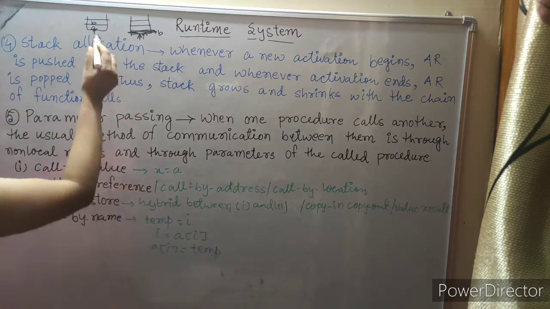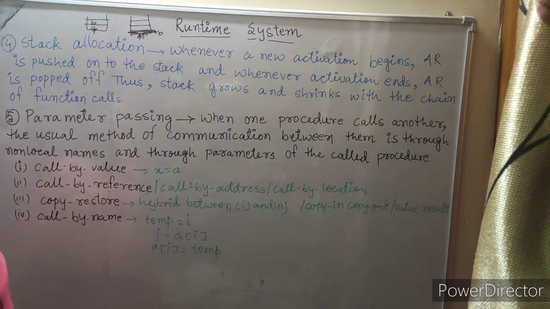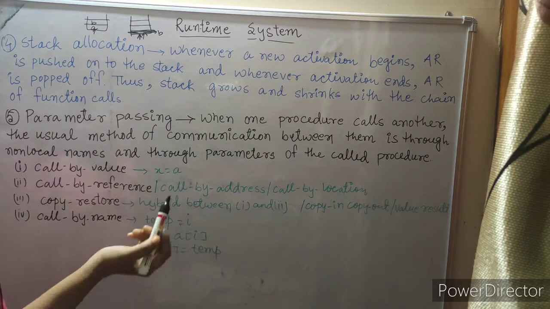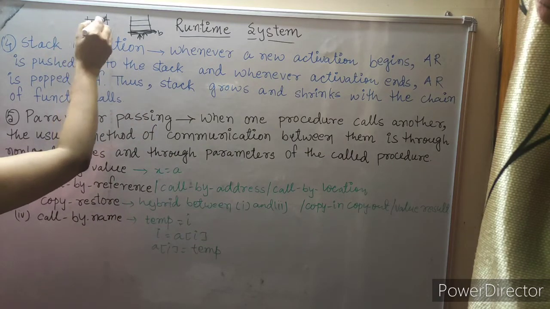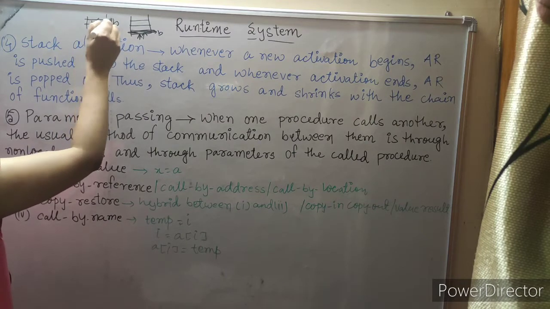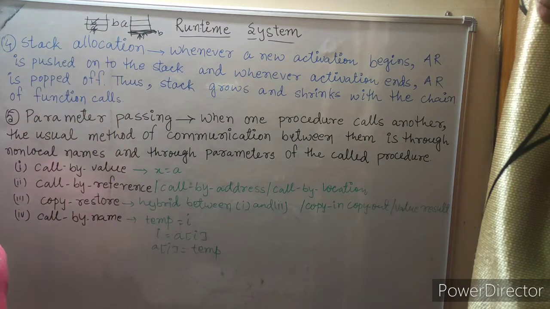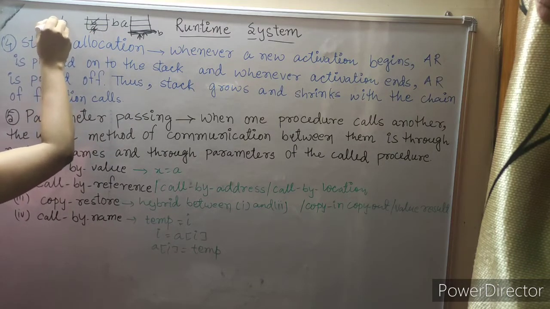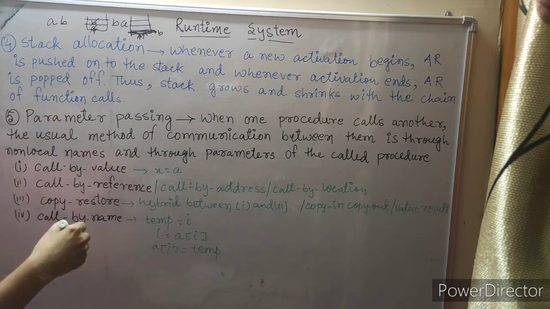We are storing the data into the stack, and whenever the procedure ends, we will pop it, that means first B will come out and then afterwards A will come out, whereas when entering the data, A will come and then B will come. So this is the stack allocation.